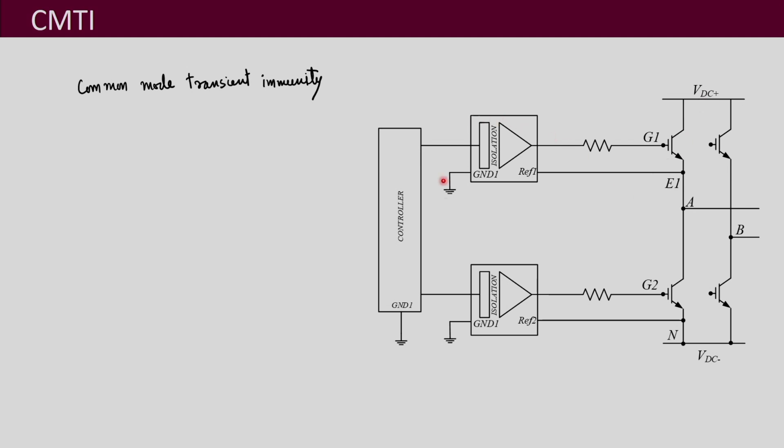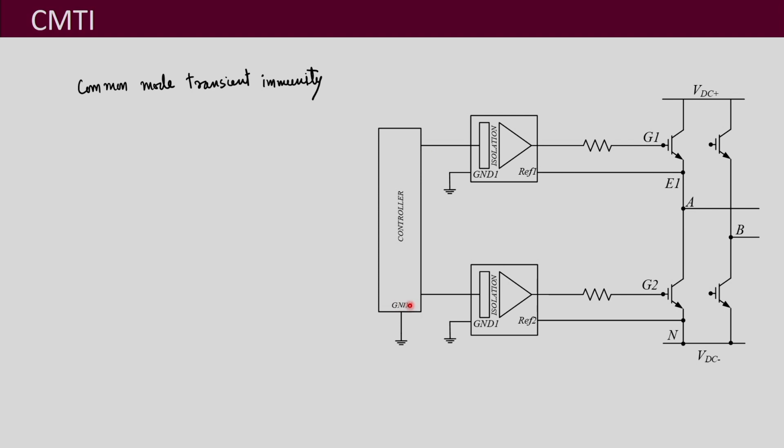For that, I have taken this example of an H bridge and then one leg of that. So you have these two transistors, and they are driven by these gate drivers. Here we have this reference 1, which is your emitter 1 reference. Then there is reference 2, which is your emitter 2 reference, which is basically the N bus or the negative bus of the DC bus.